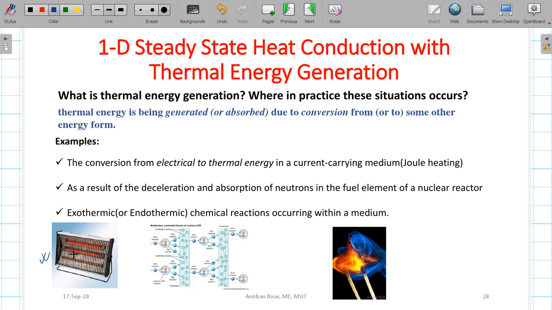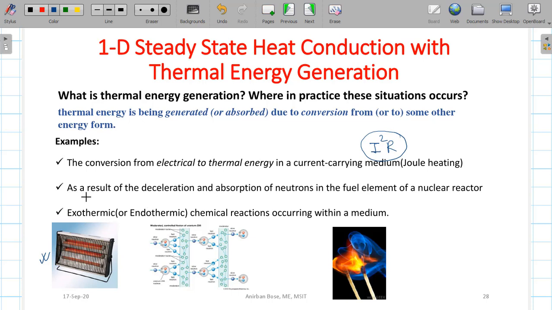Because of the current carrying, the electrical energy is converted into heat energy. It is I squared R, the energy generated per unit time. Here you can see in an electric heater this kind of system where heat energy is generated within the system.